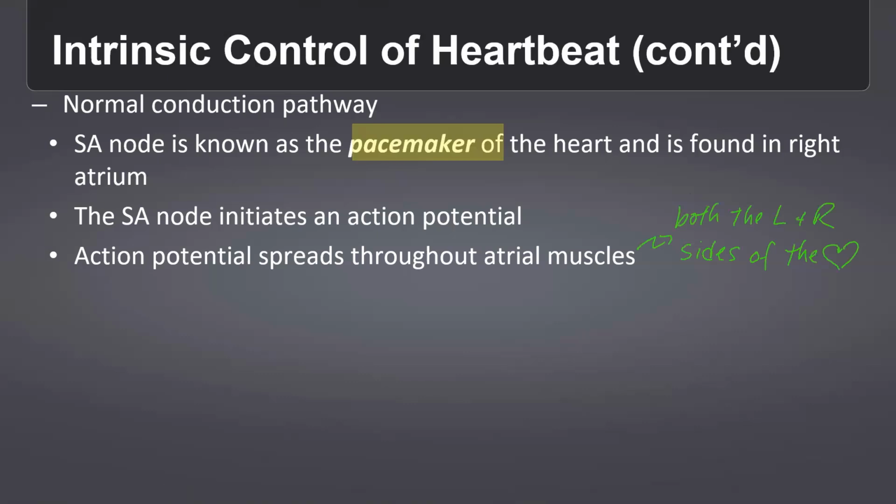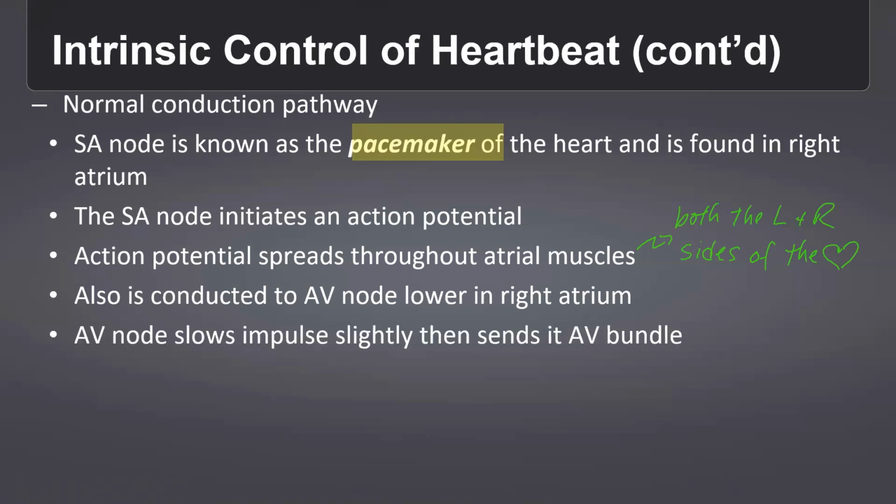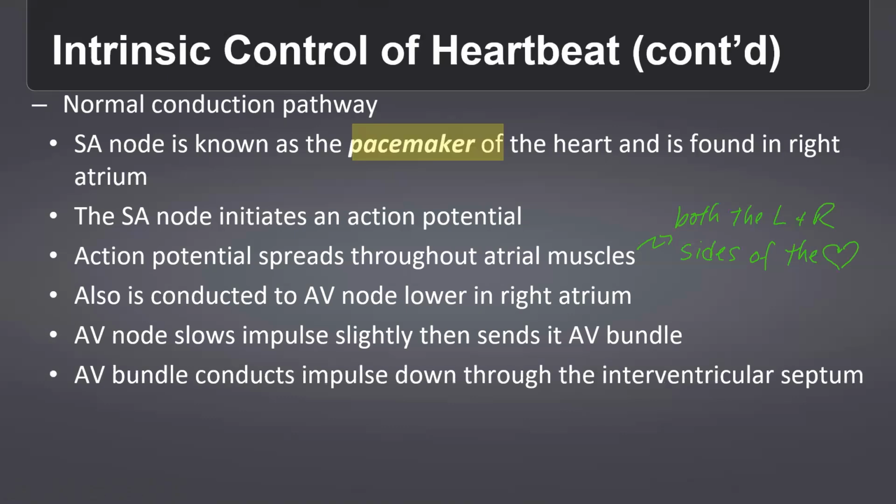The SA node sends out those action potentials that go across the atria, and then it also goes downwards to the lower portion of the right atrium to the AV node, the atrioventricular node. The AV node then slows down that electrical impulse slightly, and then sends it to something called the AV bundle, which then sends an impulse down the interventricular septum.